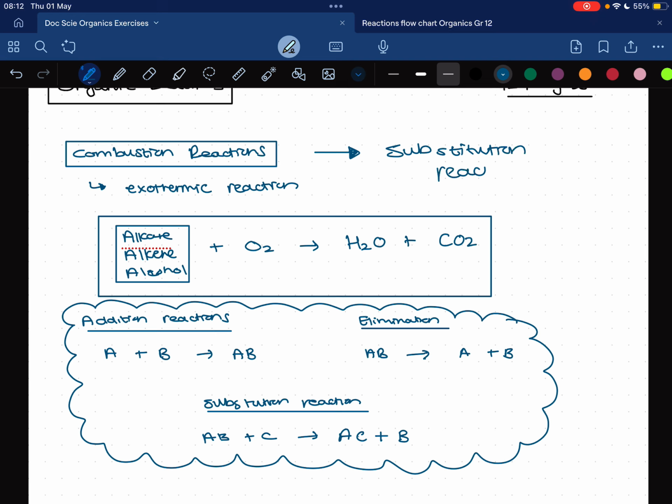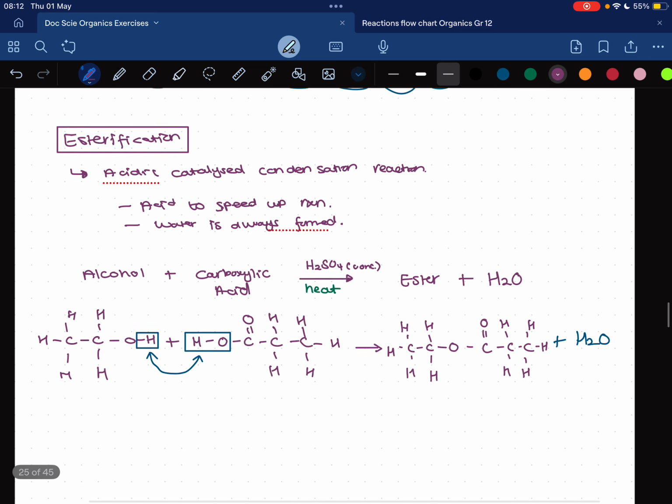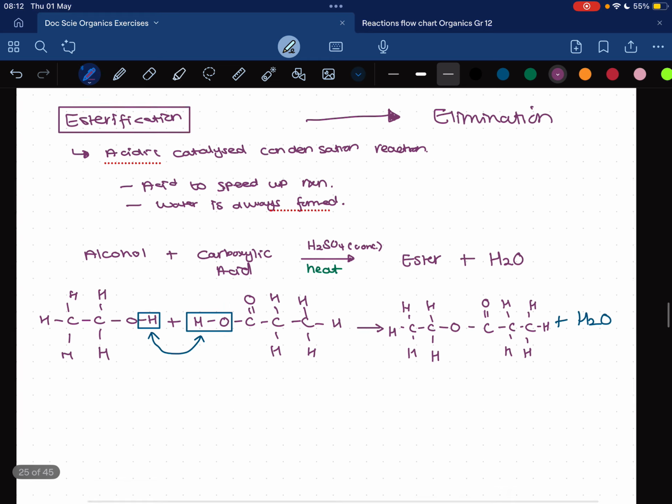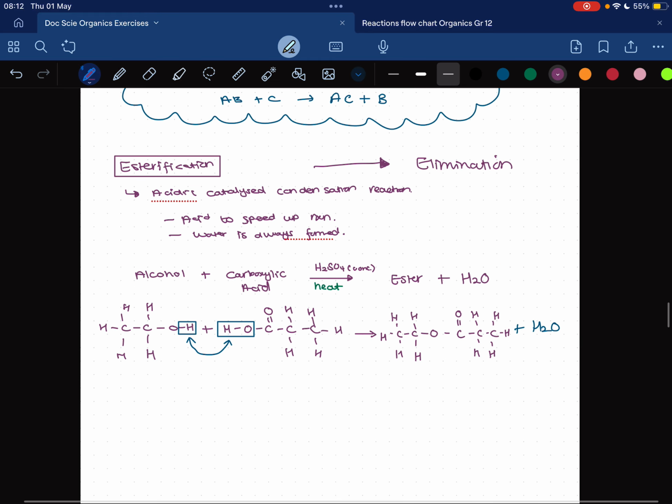If you're asked for the specific reaction, then you'll say, oh, then it is a combustion reaction. Okay, and if we look at esterification, esterification is specifically an elimination reaction. Okay, because we are eliminating water as part of this reaction.